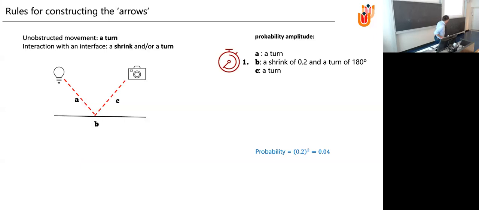I'm not going to go through this whole thing again. We did it in the first class already, but you remember that the amplitude for light going across A, B and C from the light source to the camera consisted of different steps: a turn, a shrink when it hit the surface and turn, and then another shrink at C. These were applied consecutively to the arrow, the hand of the stopwatch.